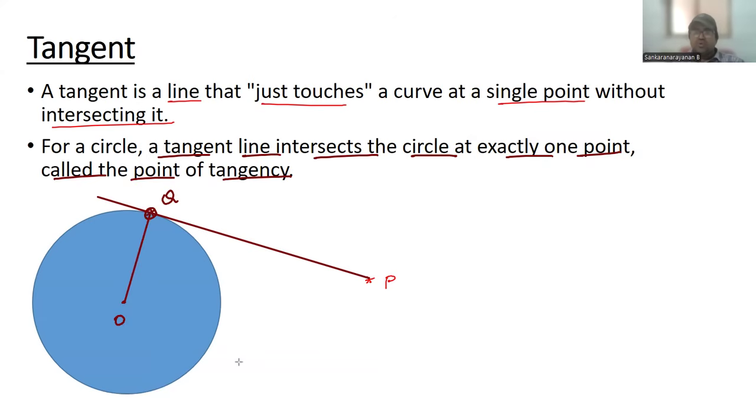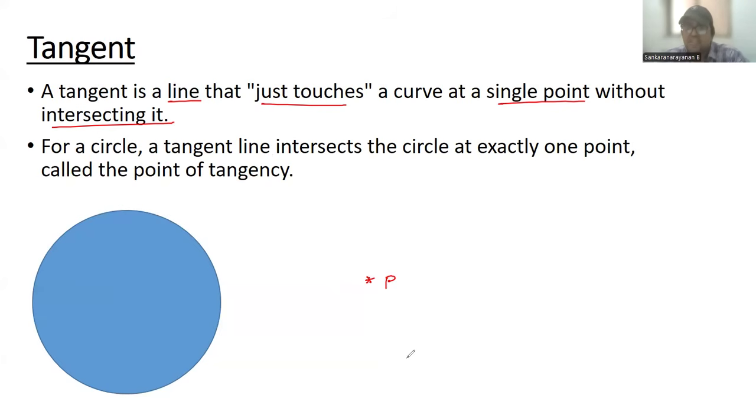So this OQ will be making an angle of 90 degrees with PQ. So we can consider that in a circle, the tangent will always be perpendicular to the radius. Please make a note of this point. The tangent and the radius will always be perpendicular to each other as far as a circle is concerned. Make a note of these details.